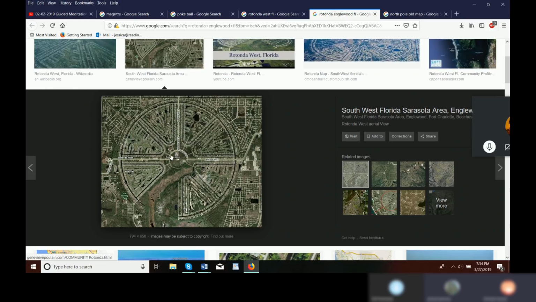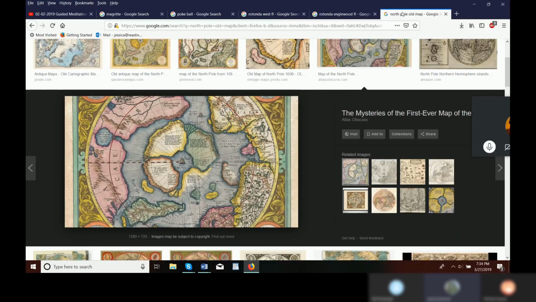Well, look, it's exactly like the Pokeball, right? There's the circular space right there in the center. Yep. And then you have the lines going out. In the North Pole image, it's interesting because it's similar in shape. This is an old map, but I thought it kind of depicted the size and everything.